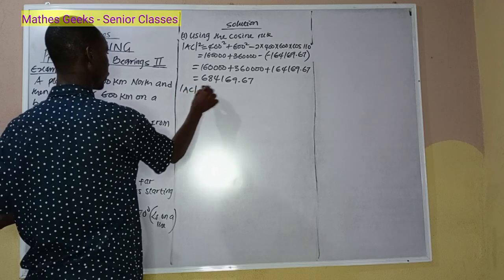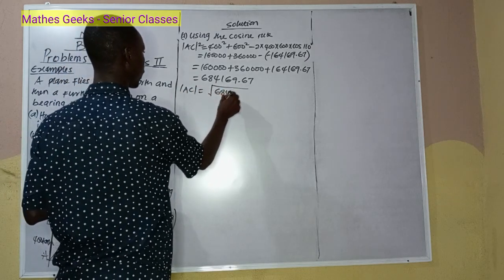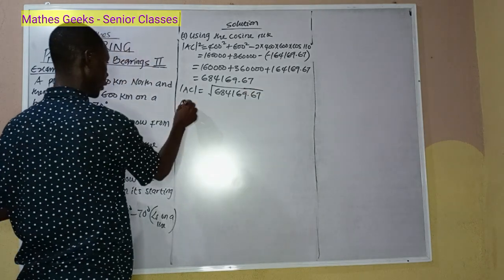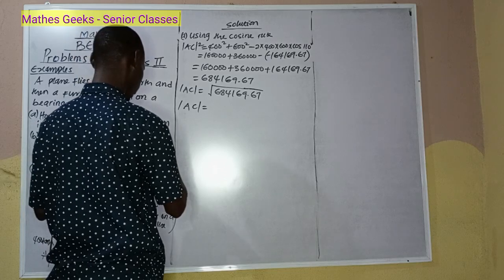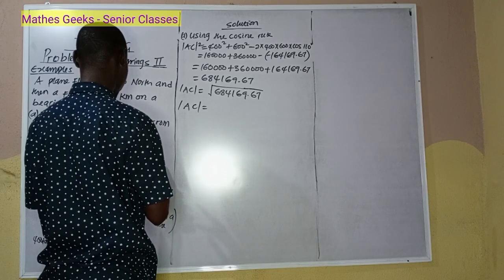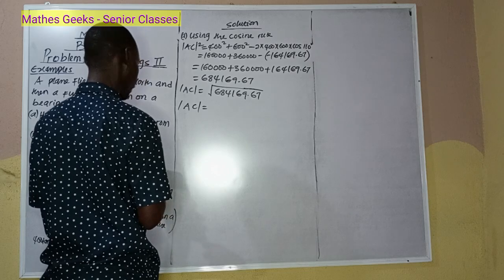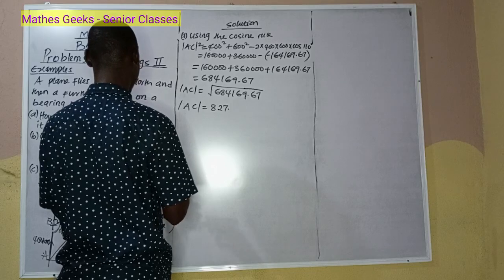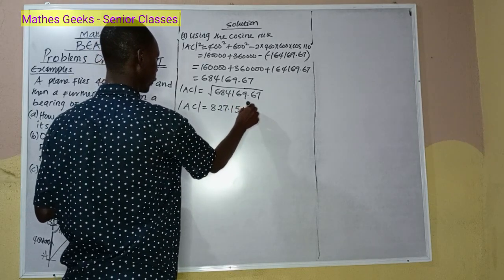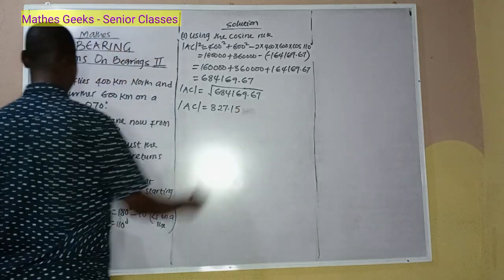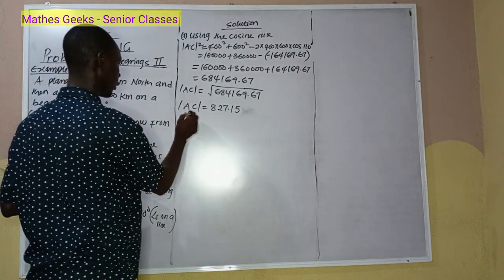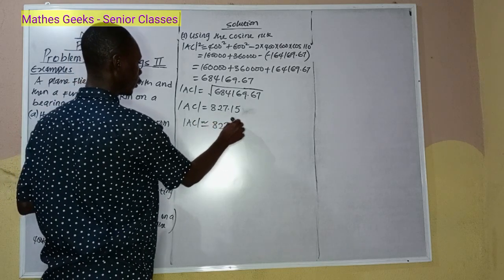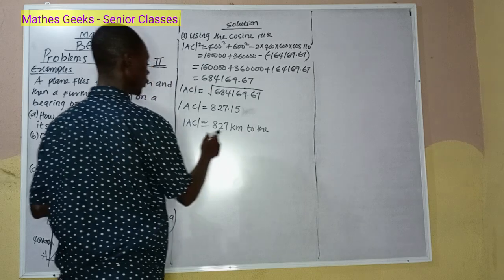So line AC is equal to the square root of 684,169.67, which is 827.11515. I'm going to correct the answer to the nearest kilometer, so line AC is approximately equal to 827 kilometers.